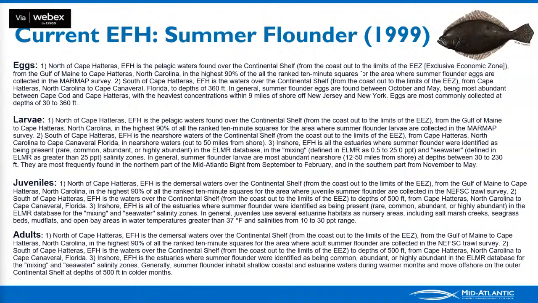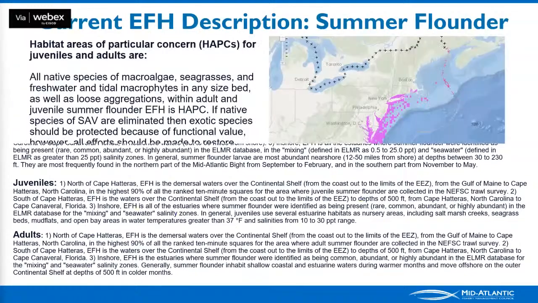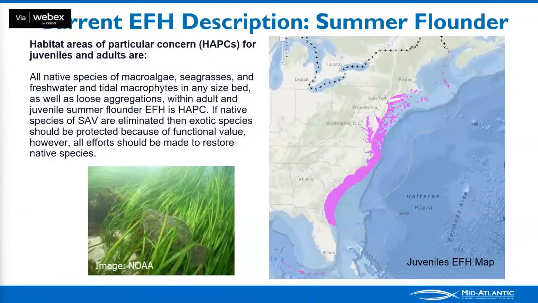For summer flounder, you also identified a habitat area of particular concern back then, and that was essentially submerged aquatic vegetation. And then we produced a map, which you can see on the right of the slide. And I want to take a look at the map because I want to tell you a little bit about some of the things that we're thinking we might be able to do.